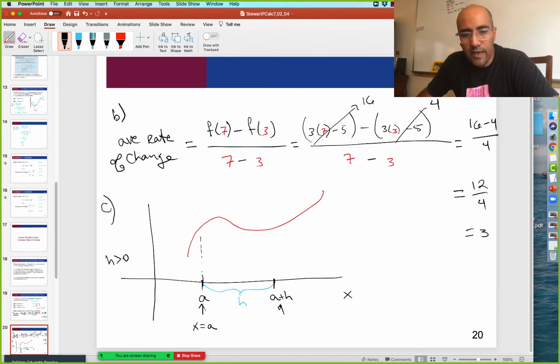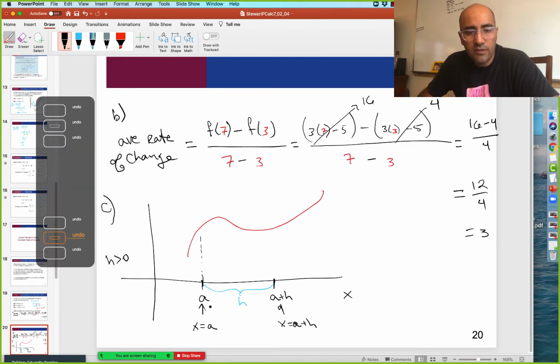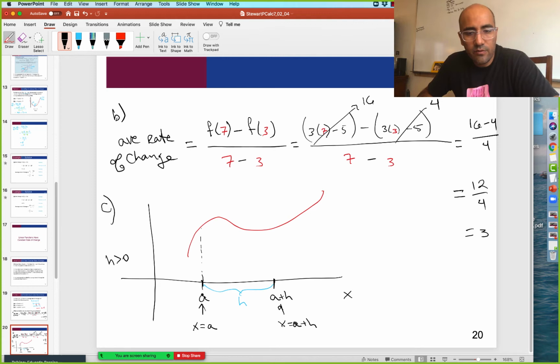So this is the point x equals a plus h. This style of notation allows us to leave this as a variable and this as another variable, but they're both connected by this h value, which is the distance, the gap between them.